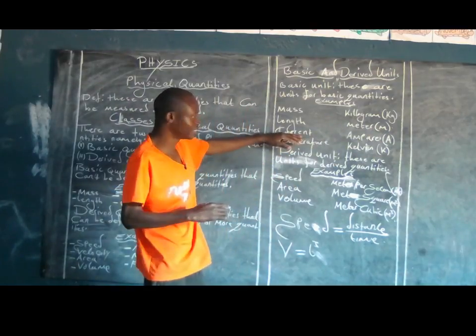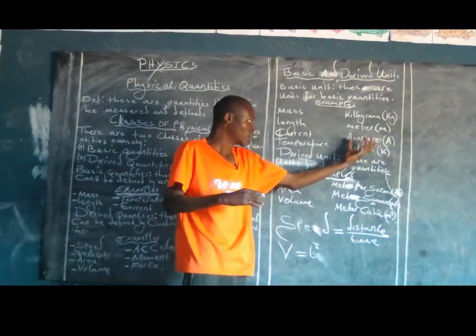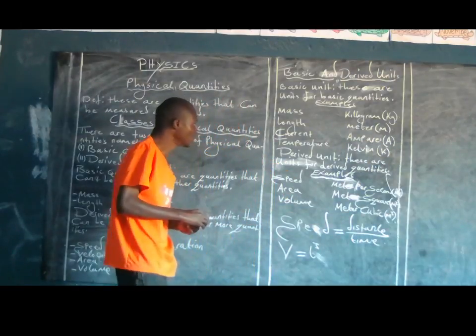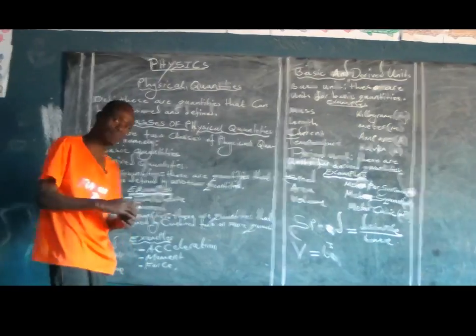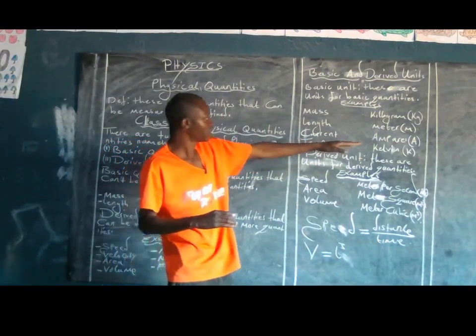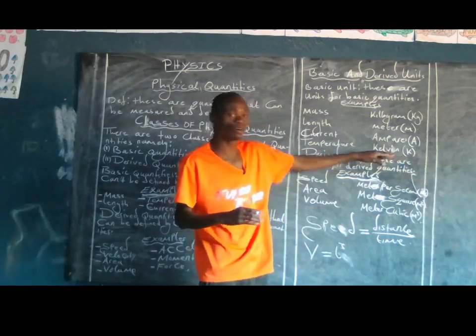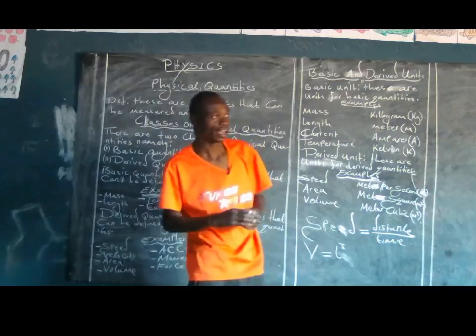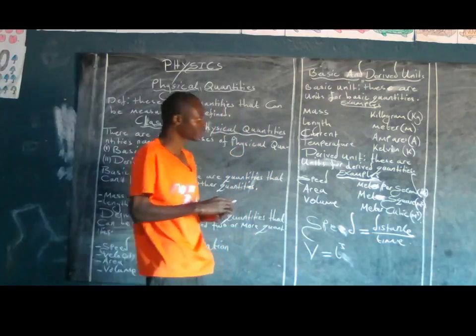Then we have current, which is amps, with the symbol A. Then apart from that, we have also temperature. Temperature has a basic unit which is Kelvin, denoted by the letter K.